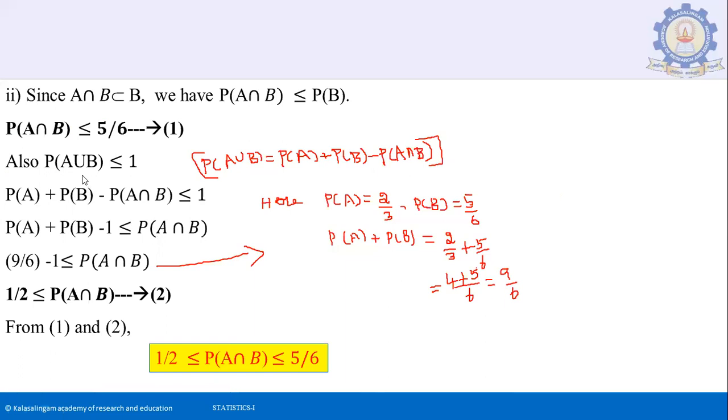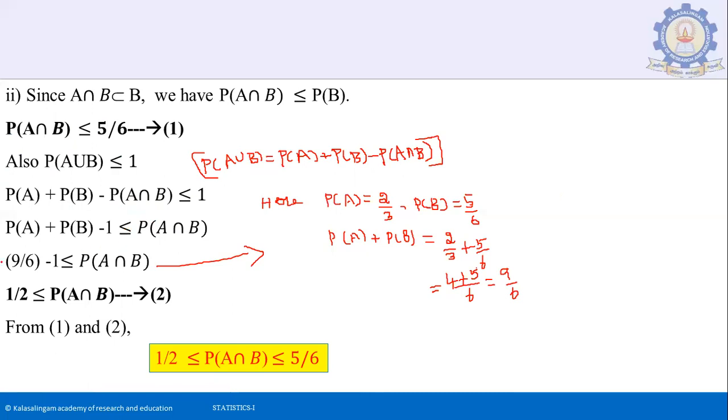For any events, the probability is always less than or equal to 1. So probability of A union B is less than or equal to 1. Using addition theorem, P of A plus P of B minus P of A intersection B, I can rearrange this term. Bring this probability of A intersection B to the other side and bring that 1 to the left side.